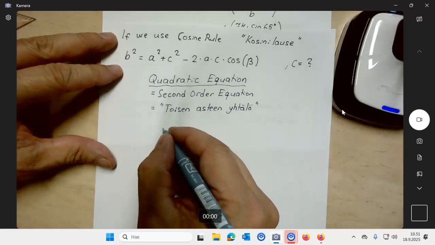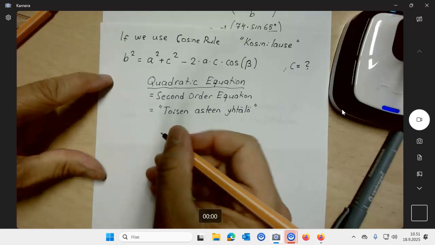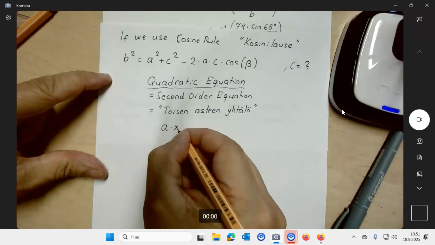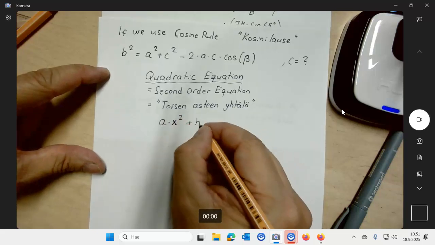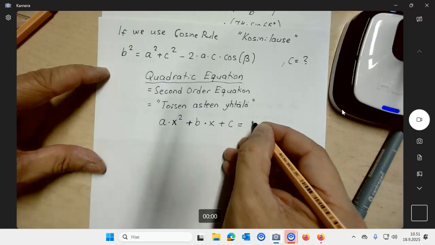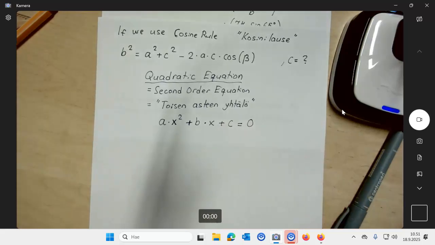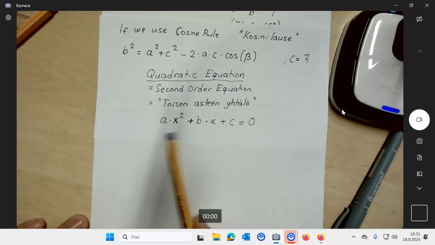Yes, and it means that we have an equation a times x squared plus b times x plus c equals 0. How many of you remember solving this kind of equation?